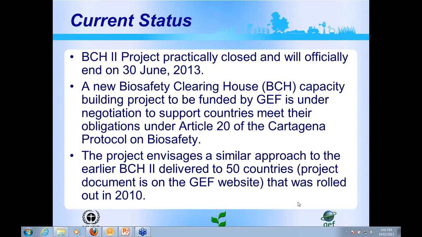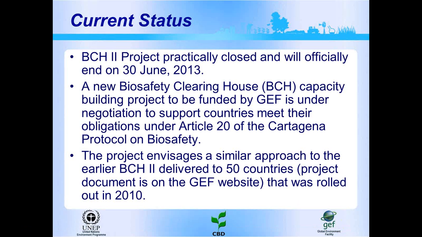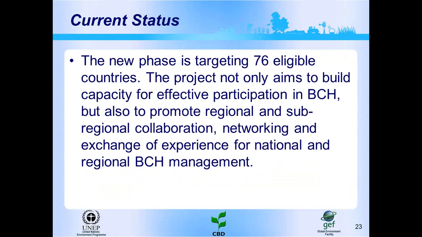The project that is being drafted pretends to have a similar approach to the earlier BCH2, as we have explained this afternoon. That currently was delivered to 50 countries, but for the new phase, it is expected to target 76 eligible parties or countries, and this not only aims for the capacity building in the BCH, but also to promote regional and sub-regional collaboration and networking.